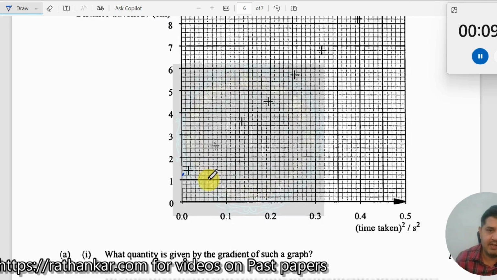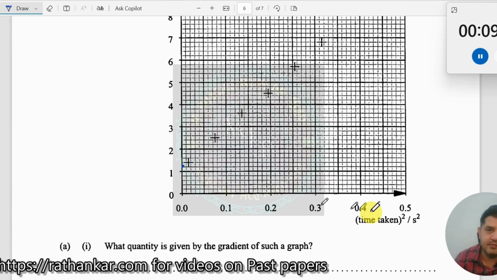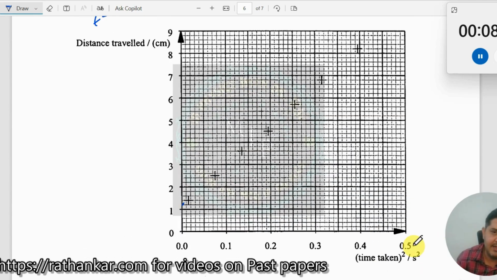Now, what quantity is given by the gradient of the graph? So we need to look into it. There are 2 marks over here. Gradient of the graph. If I draw a line over here, it should pass through all the error bars, and he has already given the situation.